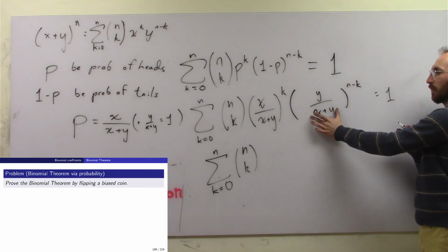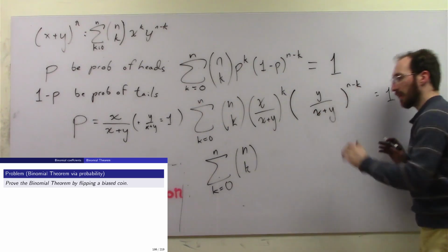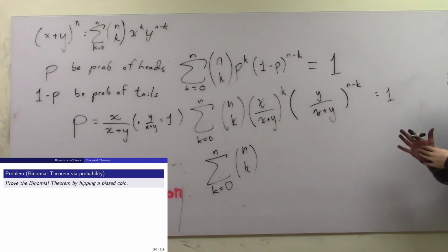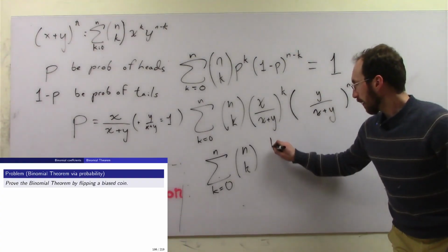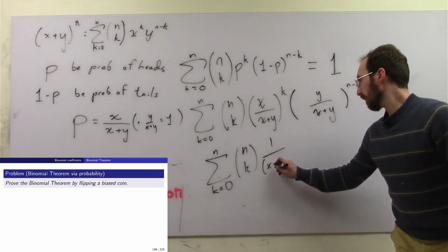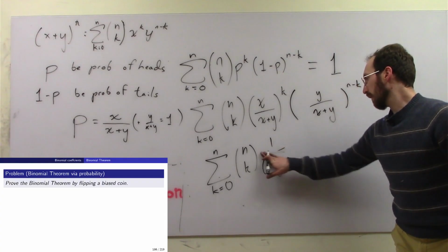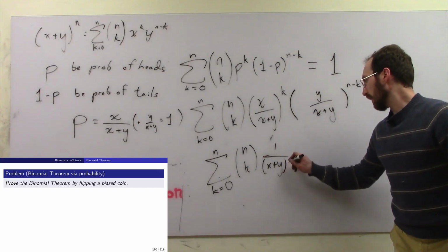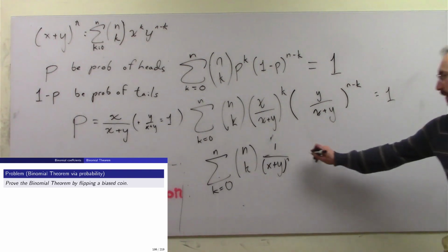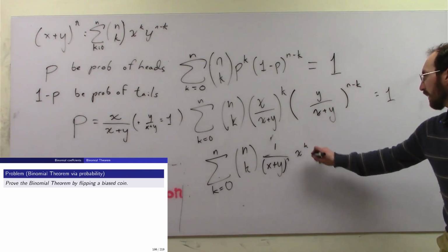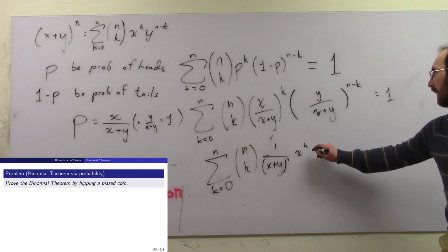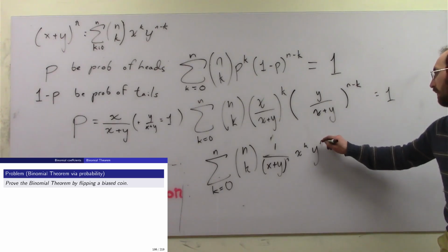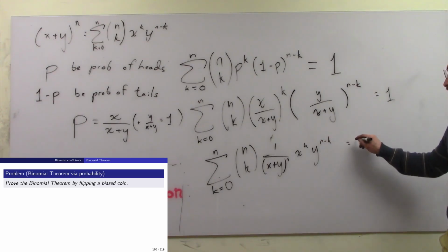And from this one, we get x plus y to the n minus k. Multiplying those together, we get 1 over x plus y to the n, multiplied by x to the k and y to the n minus k.